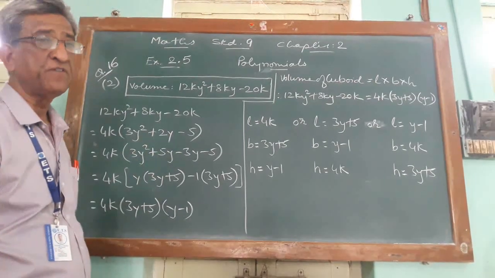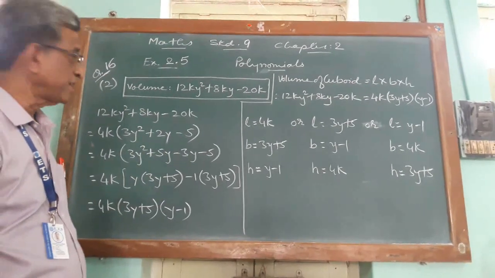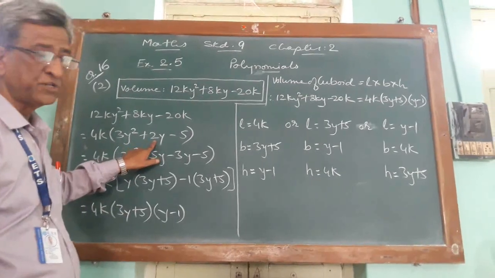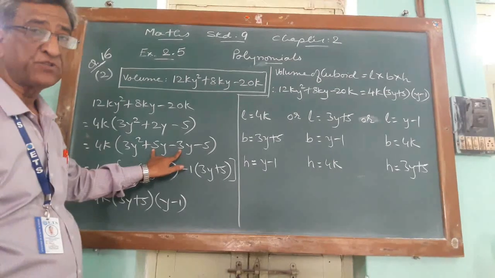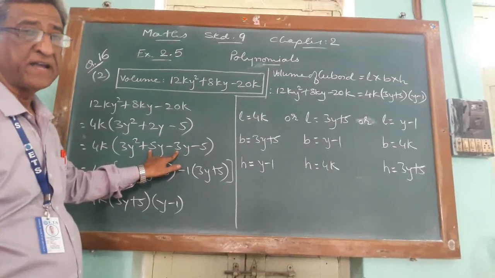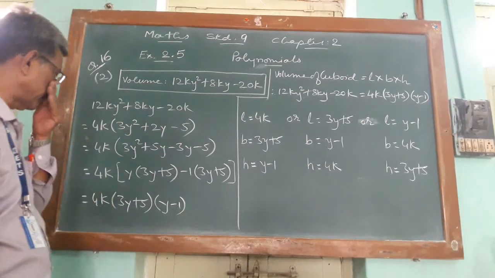So it's very easy: 5 3s are 15. So instead of 2y I have written 5y minus 3y. 5y minus 3y will give you 2y.